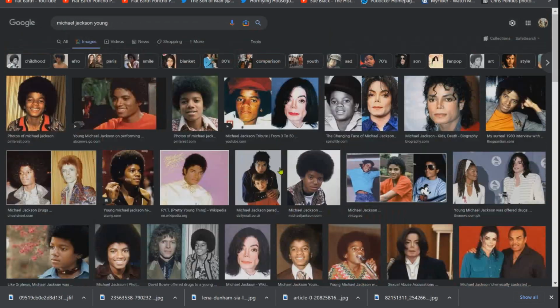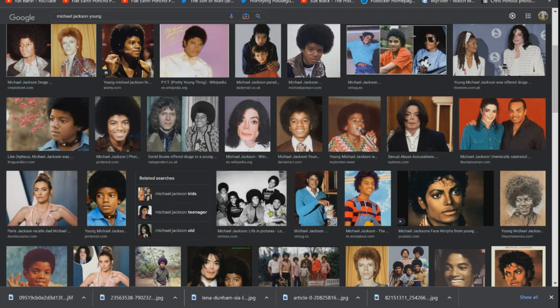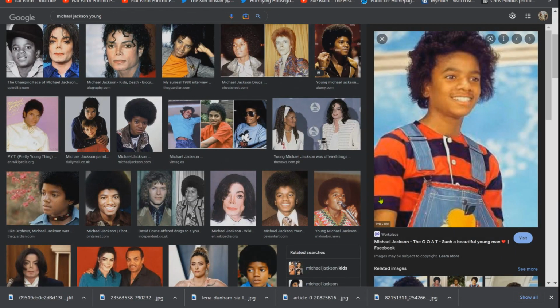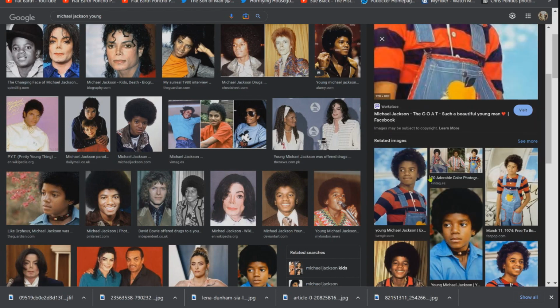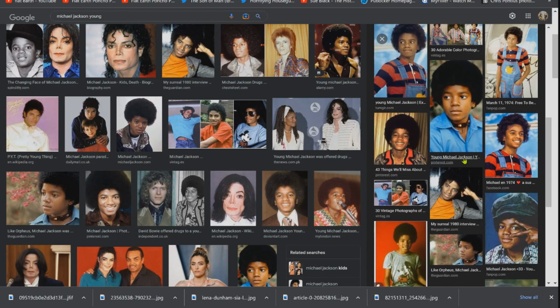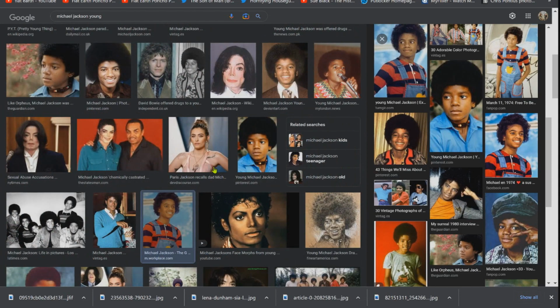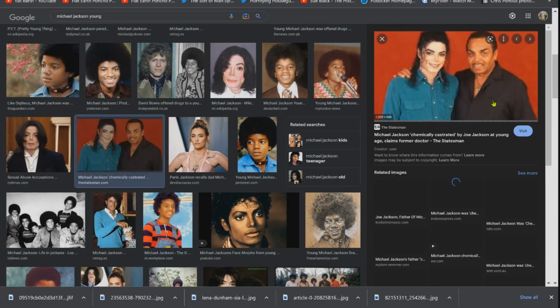There might be surgery in between, but you can't change the eyes. Oh, he looks like a proper young girl there. The goat, Michael Jackson, the goat.